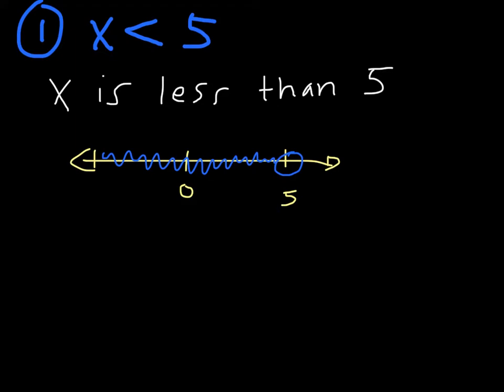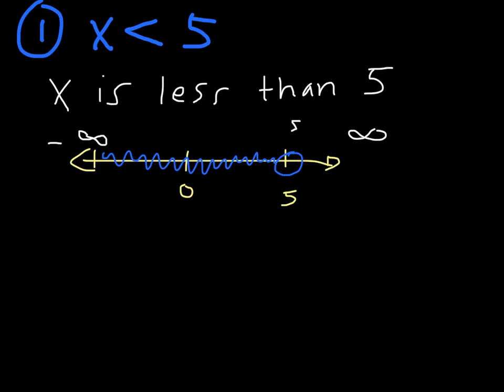The last thing we want to do is write this in interval notation. When we write something in interval notation, we write it using the endpoints. In this graph, our left side is at negative infinity and our right side is at 5. I'm also going to put positive infinity out here just so you know what that is.